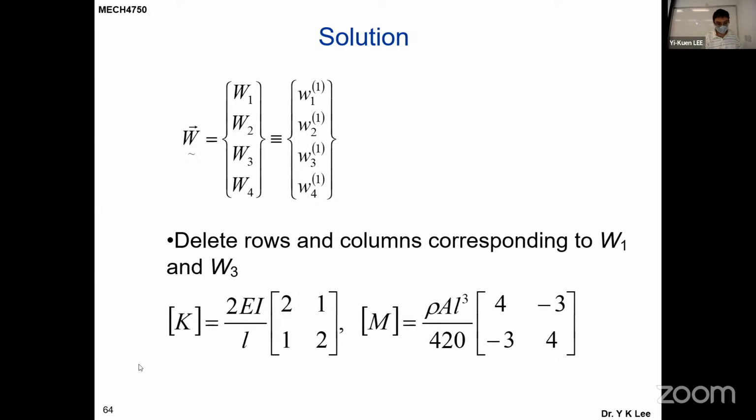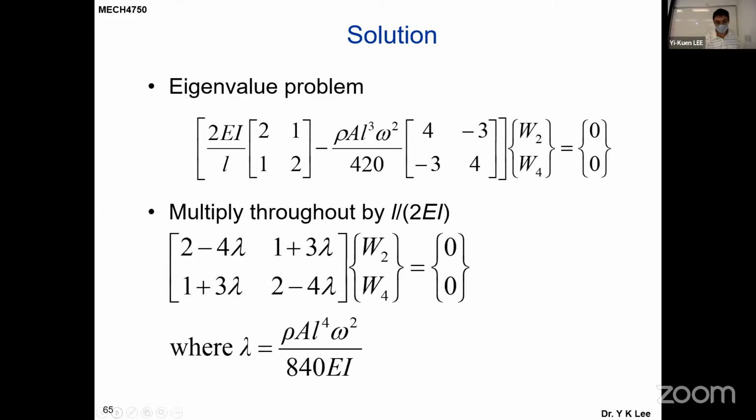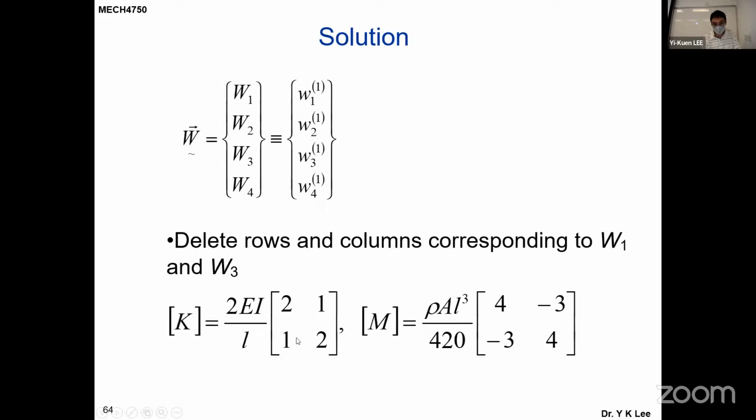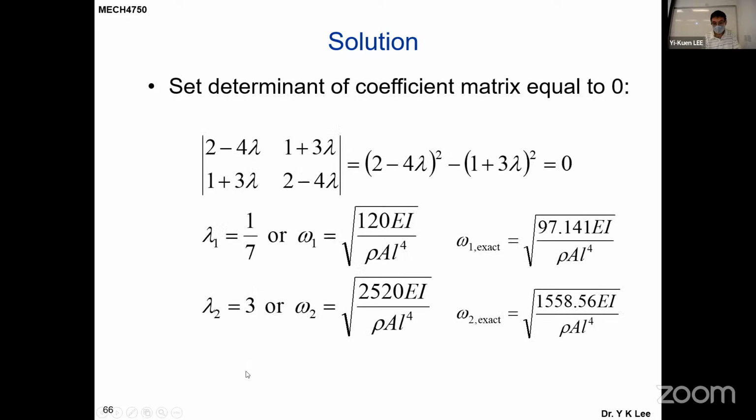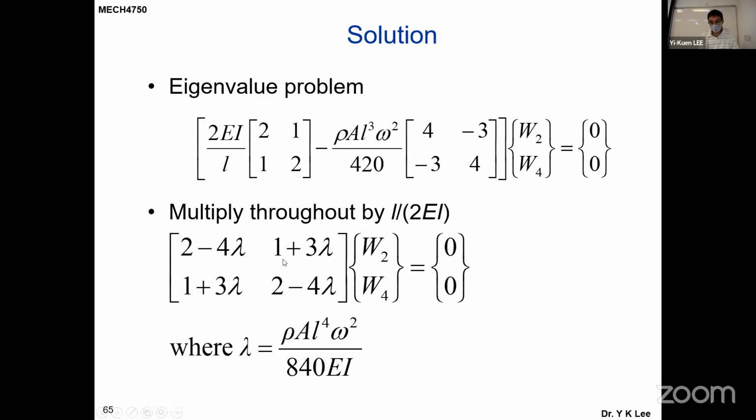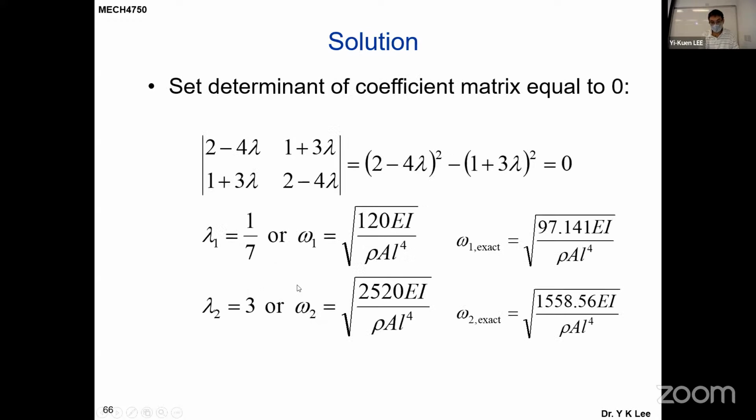And then, of course, all of you can solve this. We can solve this 2 degree of freedom problem, a simple thing, and get our natural frequency, get lambda and omega. So that is something we show here. Once you get this kind of eigenvalue problem, we can solve for lambda and then also omega, the natural frequency.